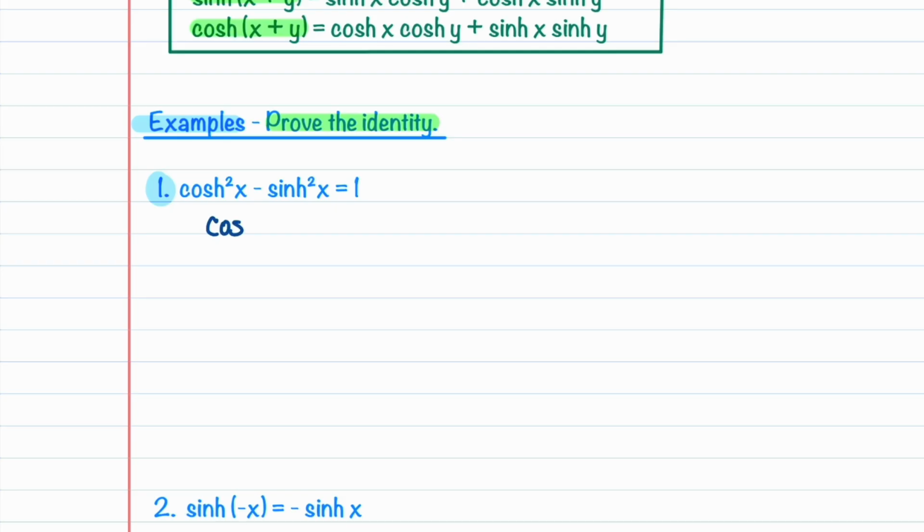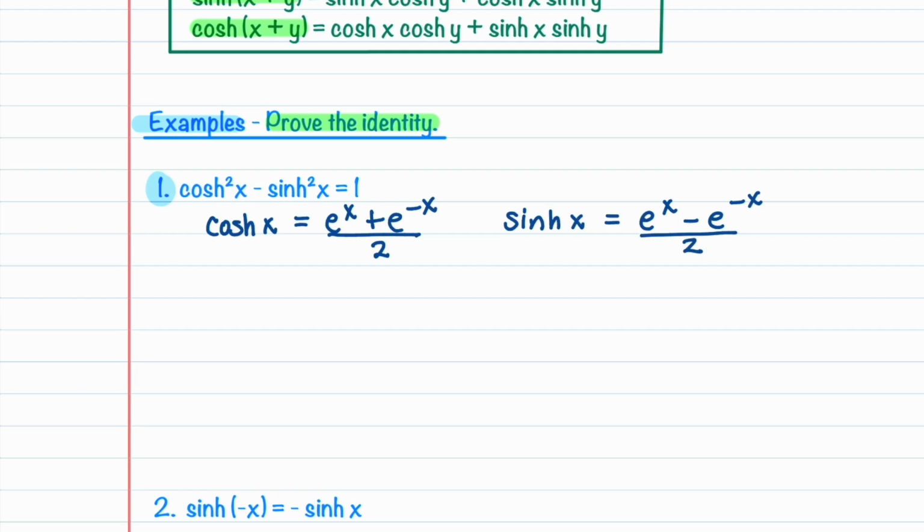Cosh of x is e to the x plus e to the minus x, all divided by 2. And then sinh of x is e to the x minus e to the minus x, all divided by 2.